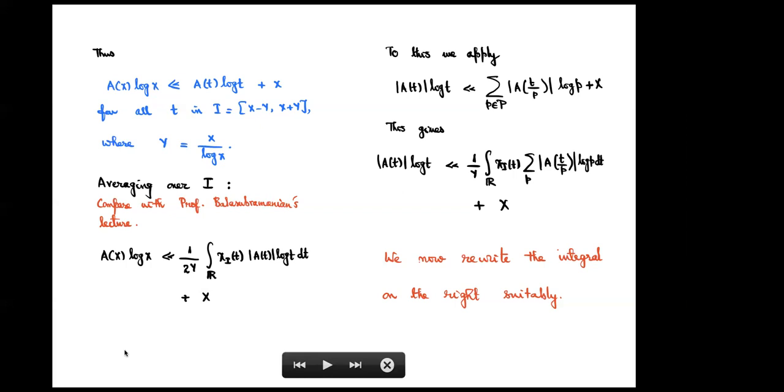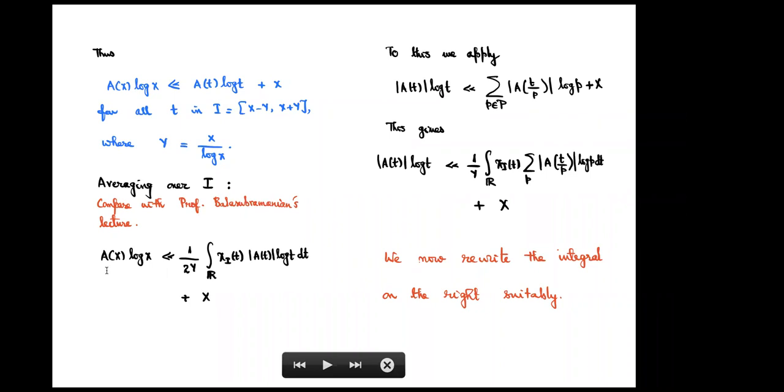So what have we got out of doing this? We are just saying that if ax log x is less than or equal to at log t for all t in some interval, then it better be less than the mean of at log t over that interval plus x, which is completely natural and obvious.